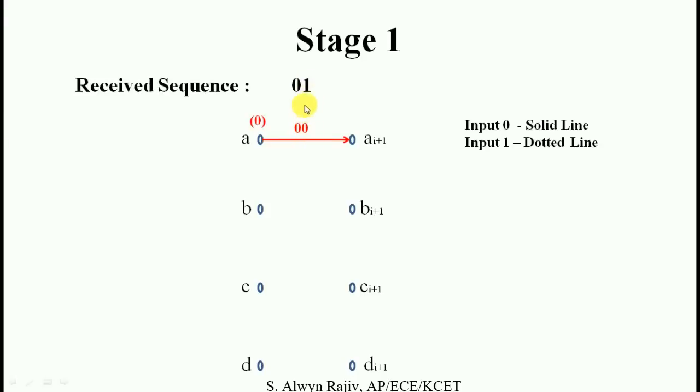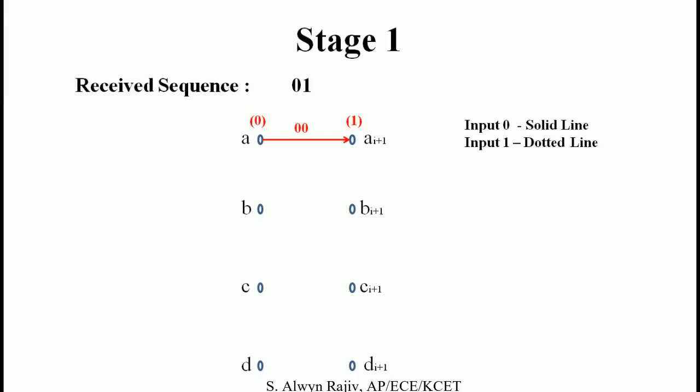Therefore, the metric value becomes 1. 1 plus 0, this node metric value becomes 1.